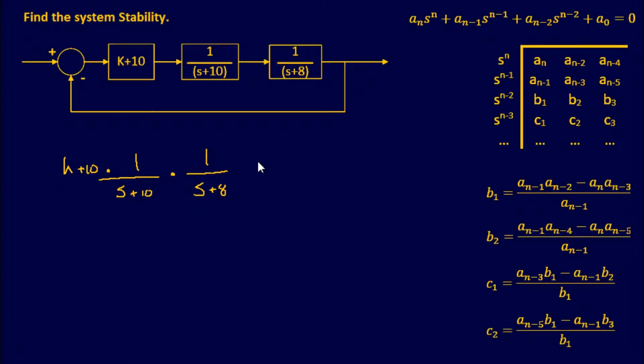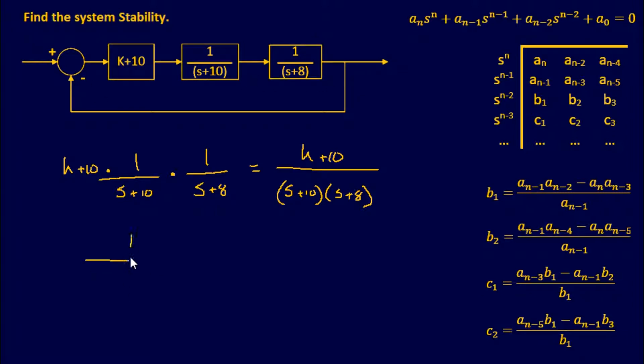So if you multiply all those together, and again, we're just trying to find our open loop function right now, it's going to be K plus 10 over s plus 10 times s plus 8. All I did was simplify this open loop function right here into a single box.